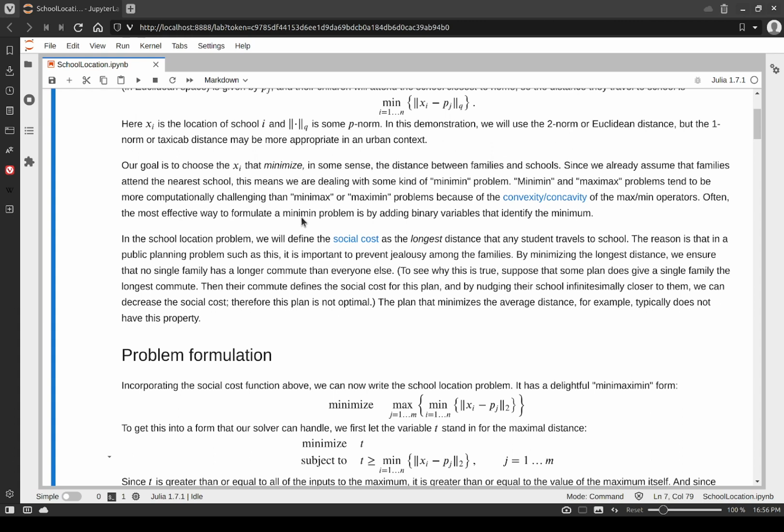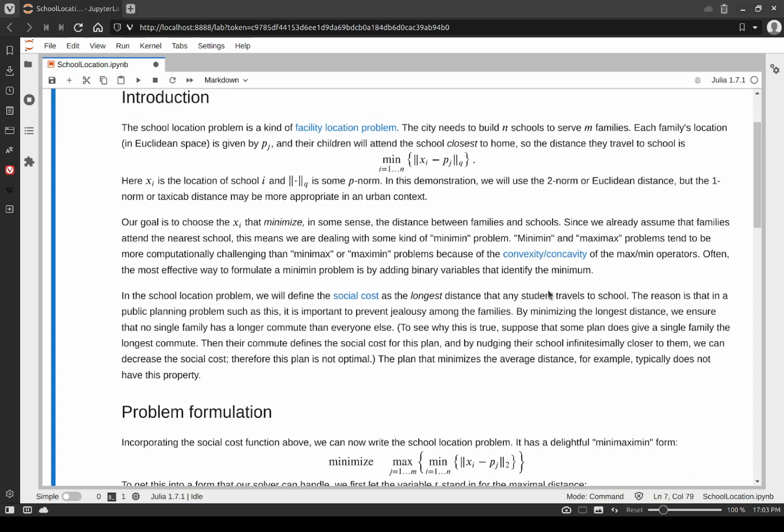However, if we decide to, instead of minimizing the average, minimize the maximum distance that anyone has to travel, then we can ensure that there's no single family that has a longer commute than everyone else. And you can do a little proof by contradiction for yourself to see why this is going to be true. And it's not necessarily true if you do the average distance solution instead.